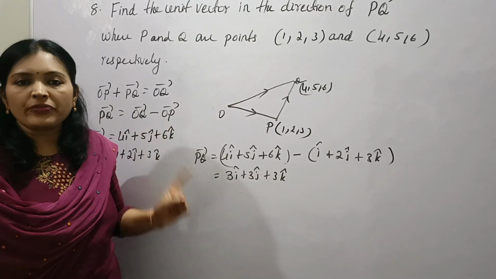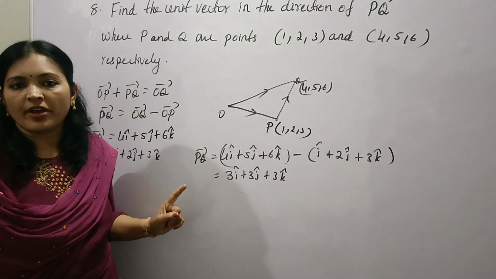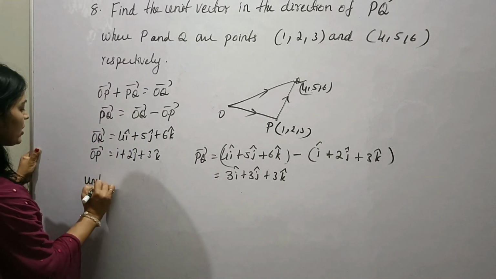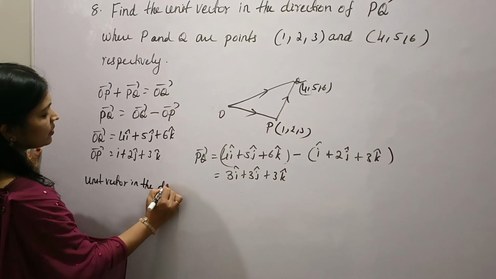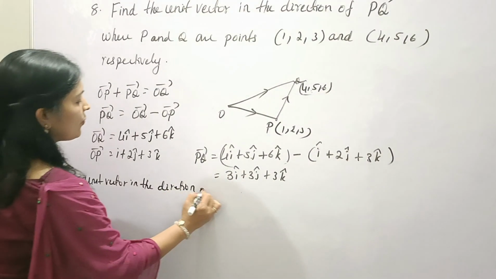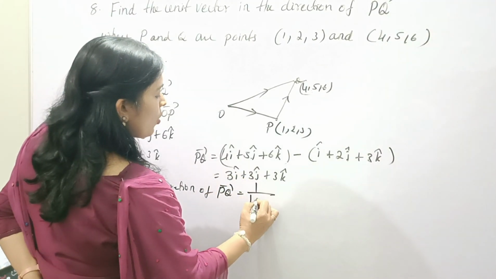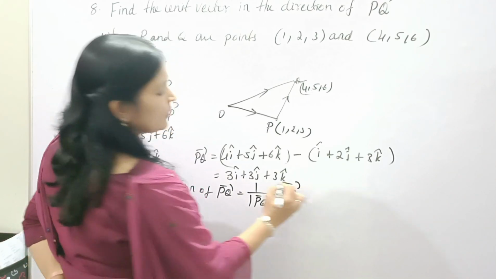We know that the unit vector in the direction of vector A is equal to 1 by modulus of vector A into vector A. That is, the unit vector in the direction of vector PQ is equal to 1 by modulus of vector PQ into vector PQ.